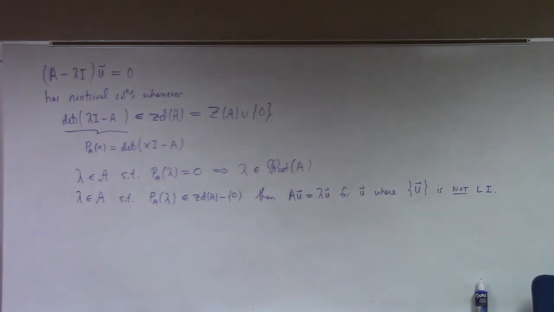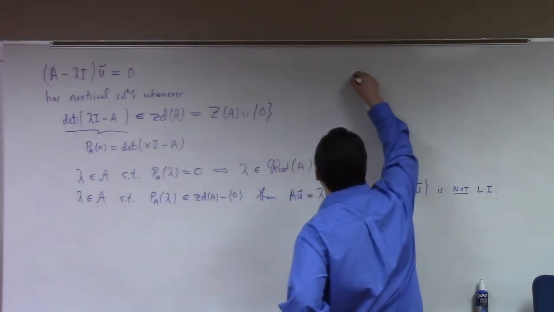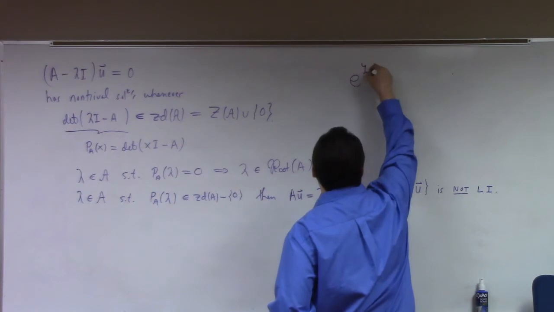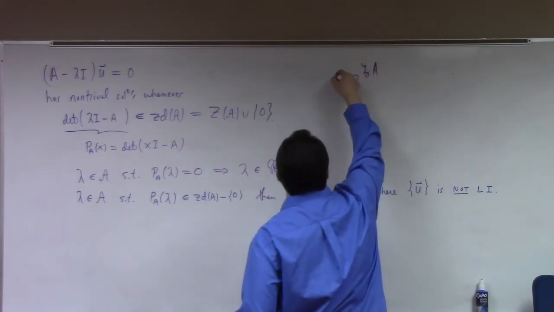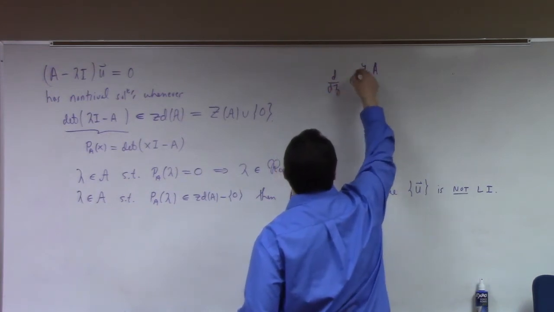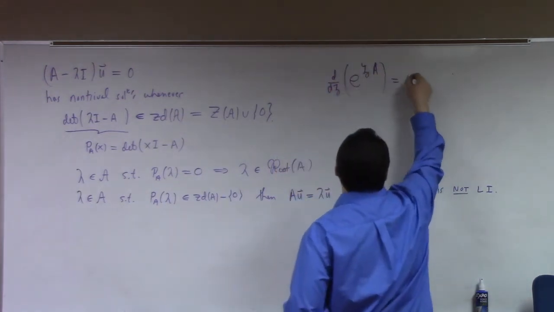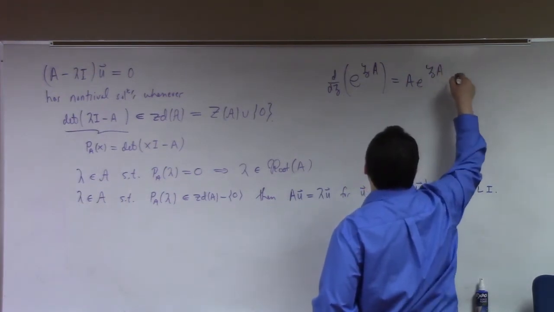Okay, this is the state of affairs. Some other things we know, just to set the table. We know that if we look at the matrix exponential, e to the ZA, that d/dz of this is A e to the ZA, right?